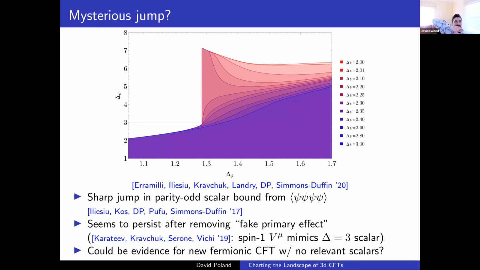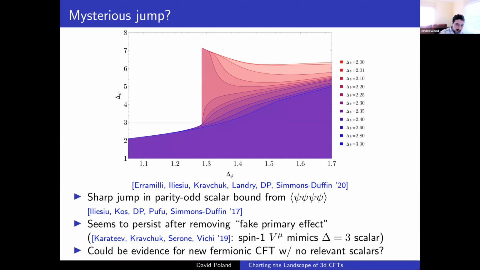There was actually a proposal for what could explain this using something called the fake primary effect, where the idea was that our bootstrap problem allows for spin 1 parity odd operators at the unitarity bound to show up in the OPE.